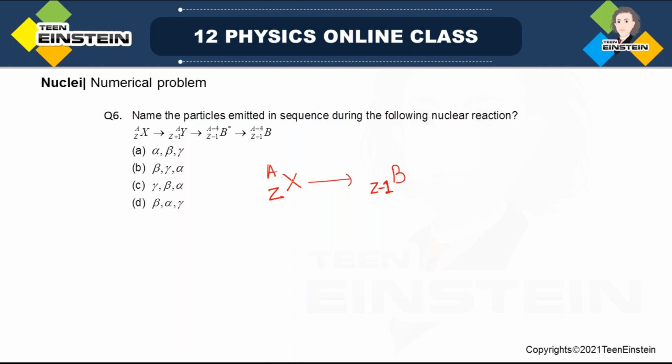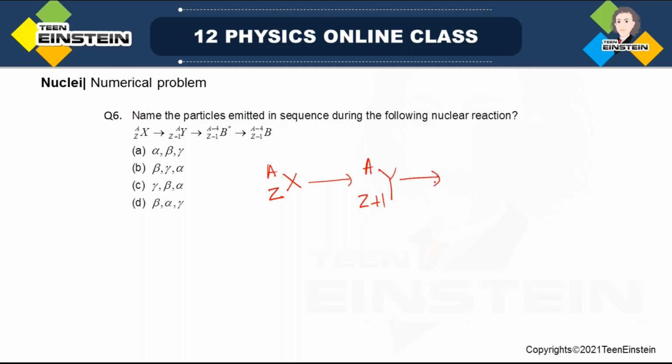So X becomes a Y, it has Z, mass number unchanged, whereas atomic number increased by 1, or effective positive charge is increased by 1.